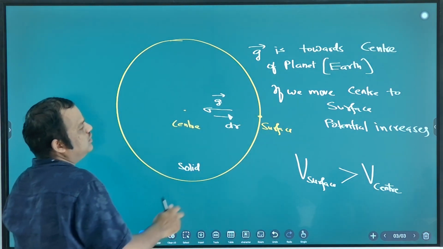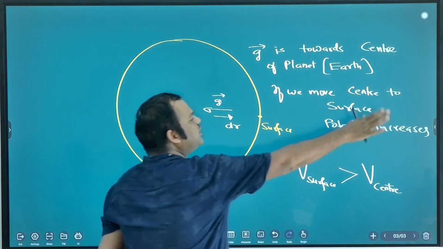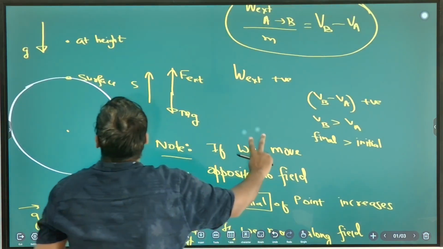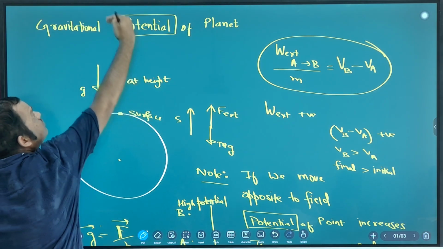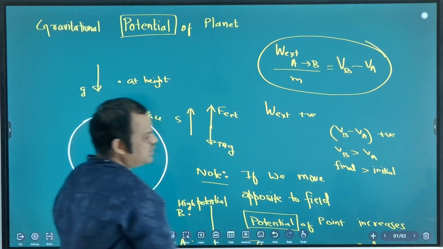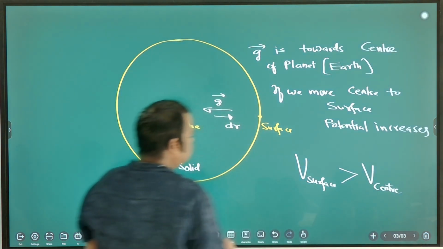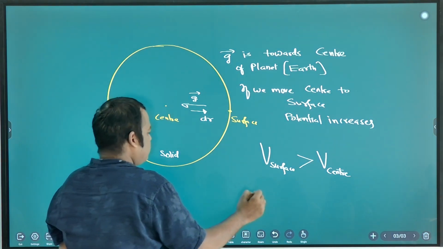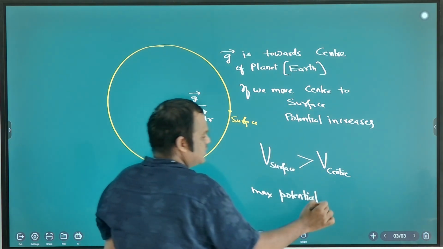When you move further away from the surface, potential is further increasing, as you have discussed. So where is potential maximum?